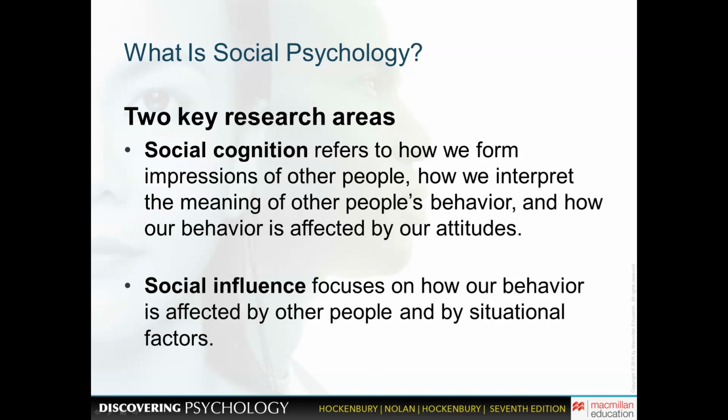So we attribute our behavior as being the result of how somebody else is behaving, or certain scenarios in which we are engaged that cause us to engage in different types of cognition. That results in how we interpret the meaning of other people's behavior or how our behavior is being affected by our own attitudes. Okay, going forward.